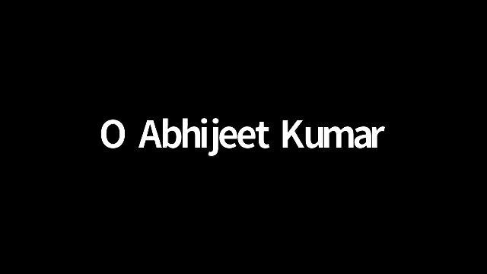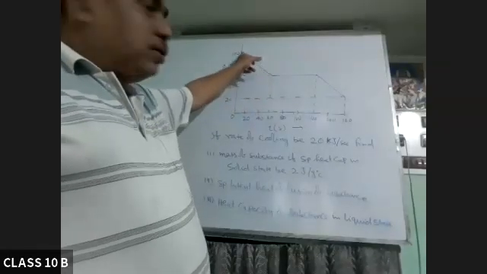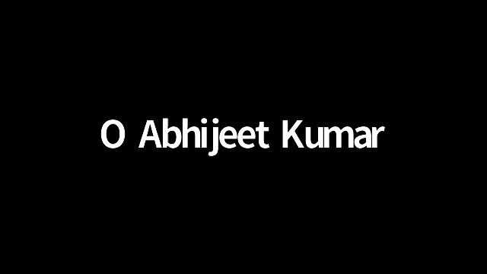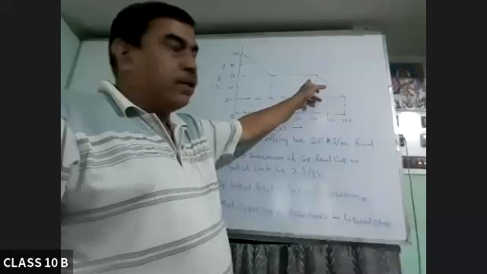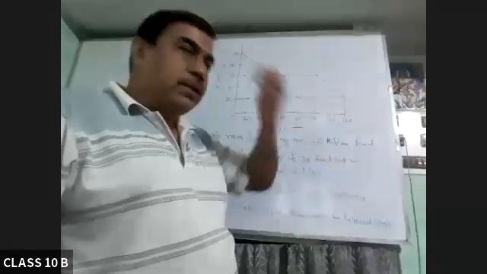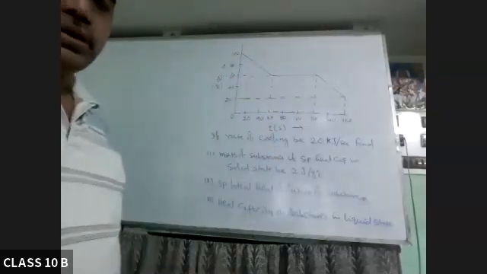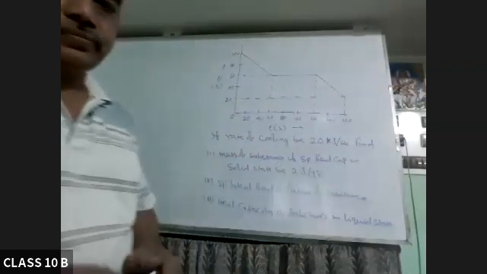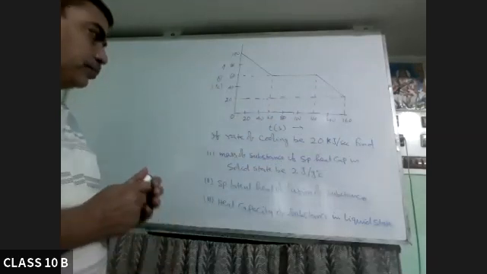This part represents uniform cooling of the liquid. This part represents freezing of liquid. This part represents fall in temperature of solid. So we have to use this part of the graph.